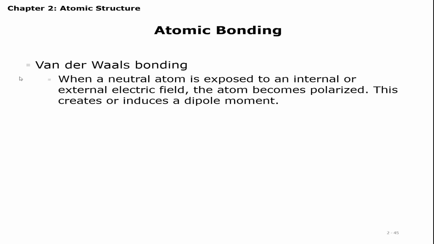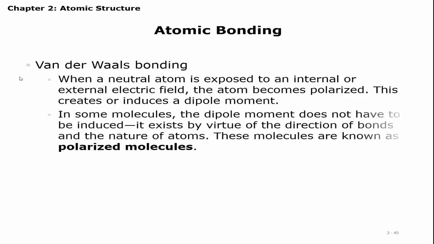So now we have the van der Waals bonding. When a neutral atom is exposed to an internal or external electric field, the atom becomes polarized. So this creates or induces a dipole moment.